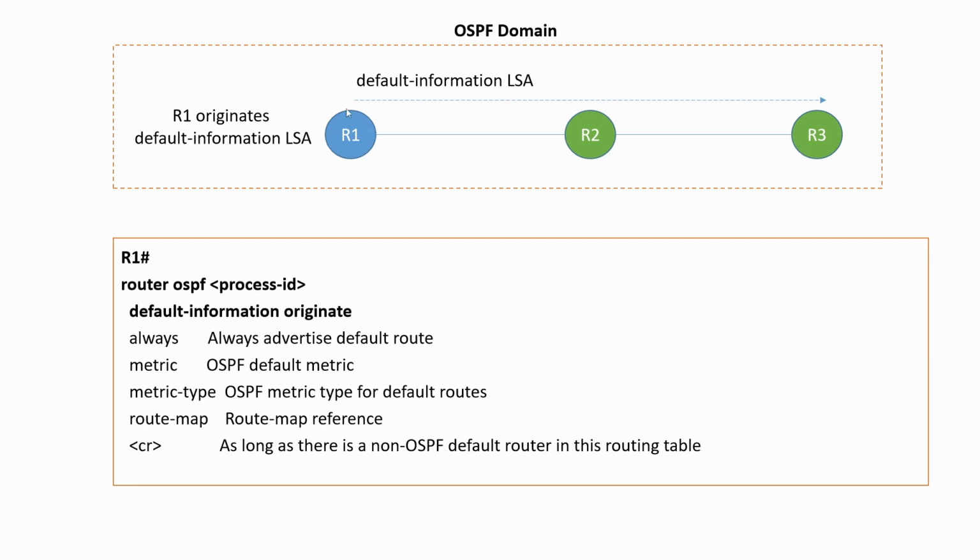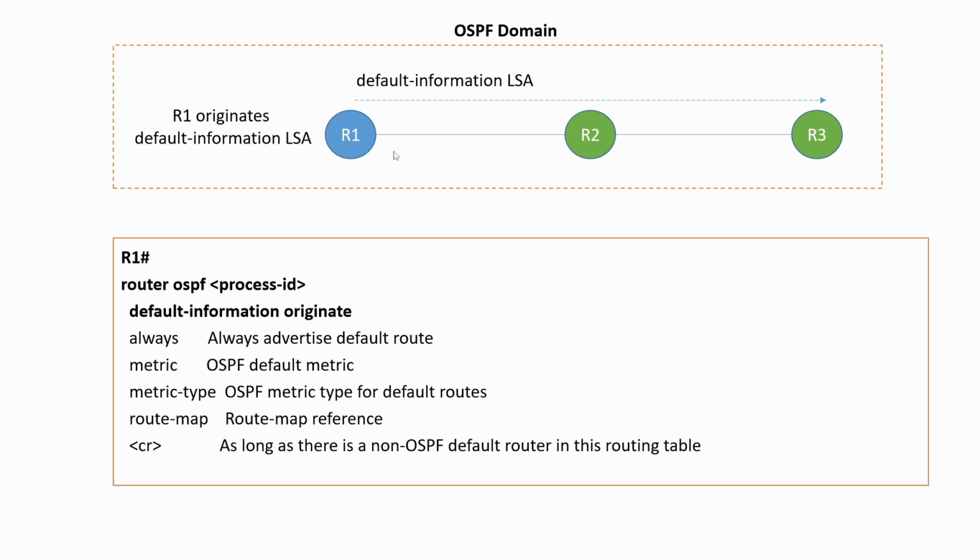R1 connects to the outside world. In order to let R2 and R3 send traffic to the outside world via R1, R1 has to be selected, and on R1 we configure default information originate.